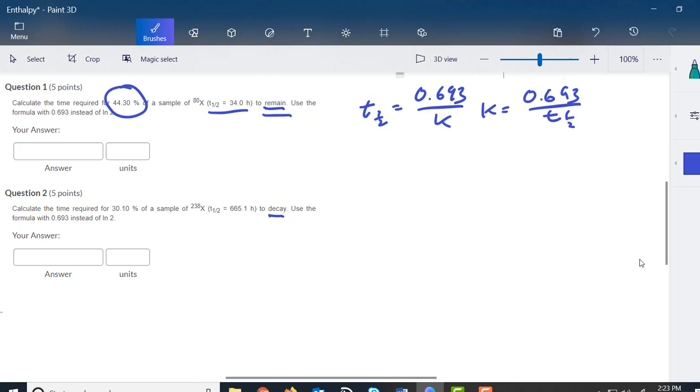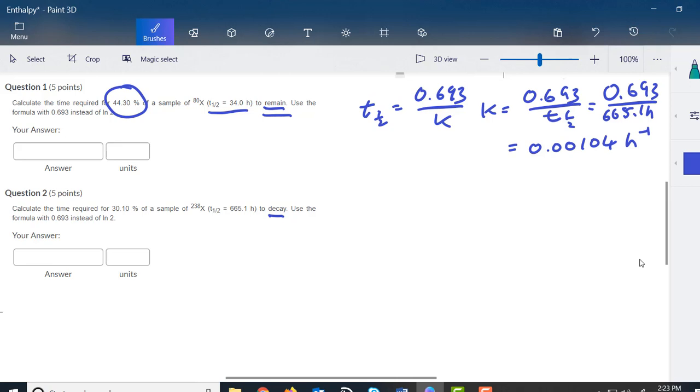That's the half-life. 0.693 divided by the half-life, which in this case is 665.1 hours. The K value we get for that is 0.00104, and again the unit is hours to the -1 on the K.